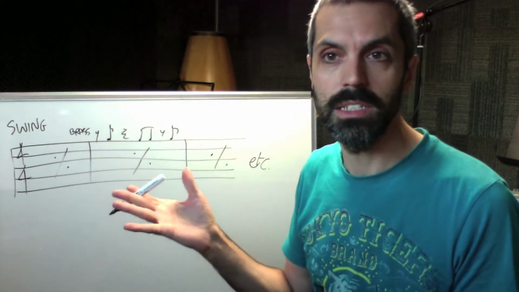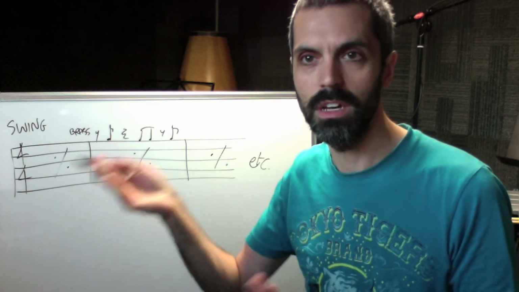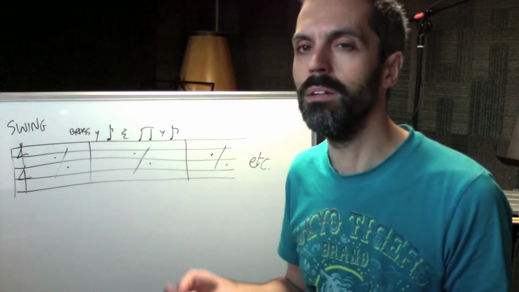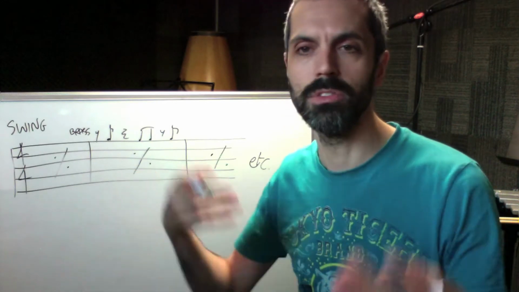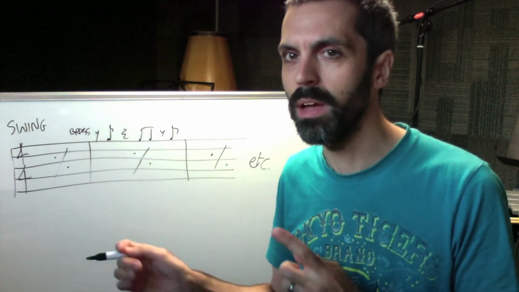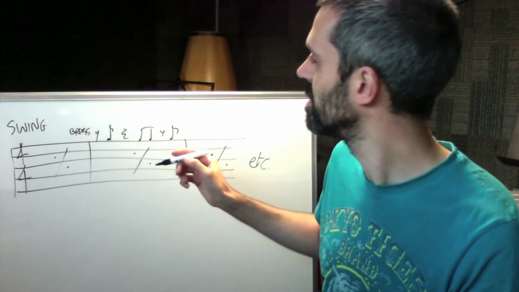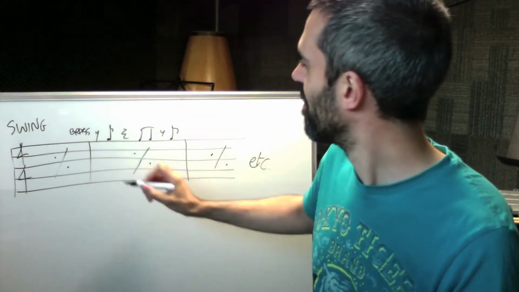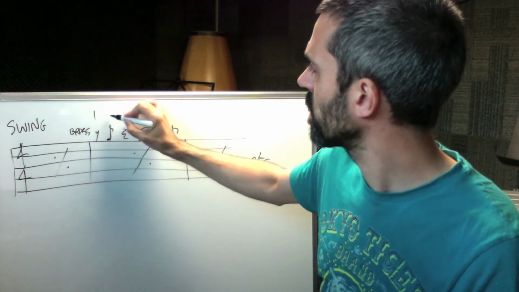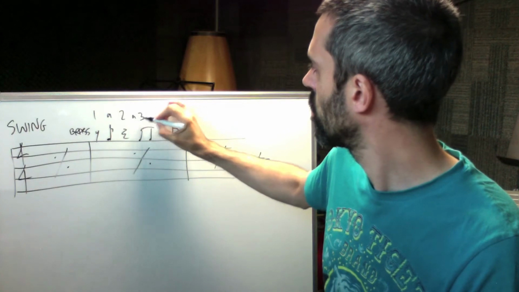So the beat is counted as a long short, so I'm going to count 1, 2, 3, 4. Lots of these principles I talk about apply in straight time as well. I thought I'd pick a swing one because there's a special case that we will cover. But anyway, counting wise, I've got 1, 2, 3, 4.